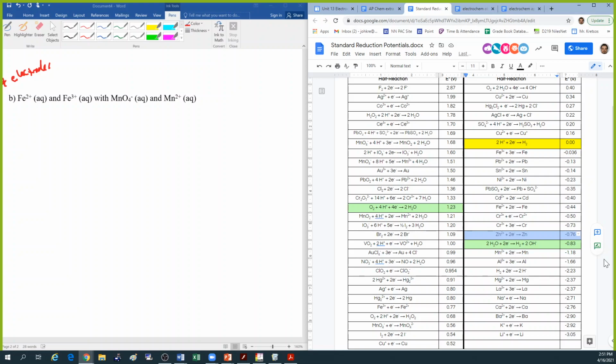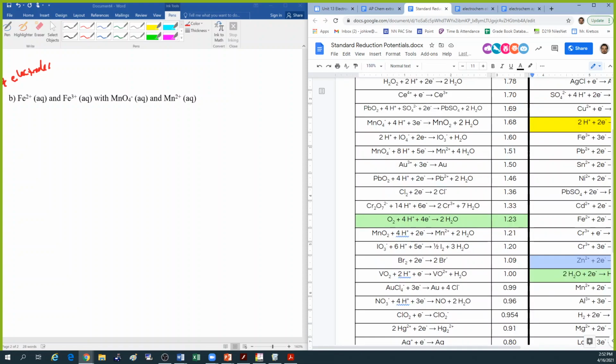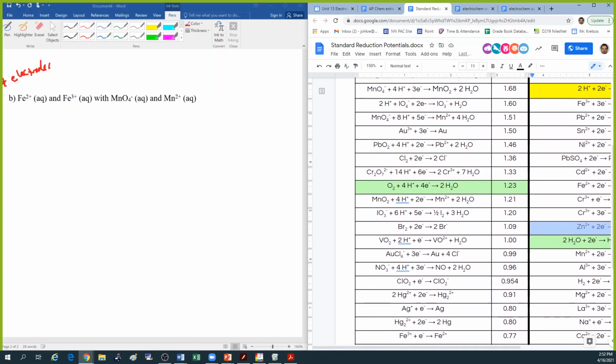Yeah, they're both there. Hint, they're both on the left side. Zoom in and help you out a little bit here. Yeah, I think I got them both on the screen right now.